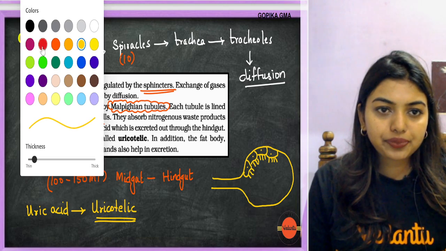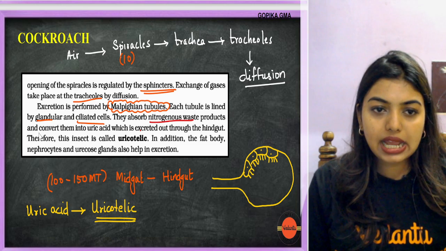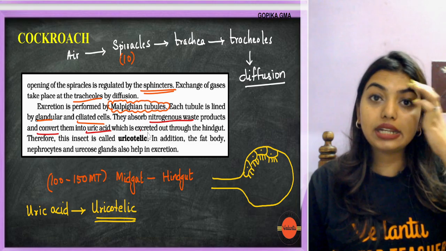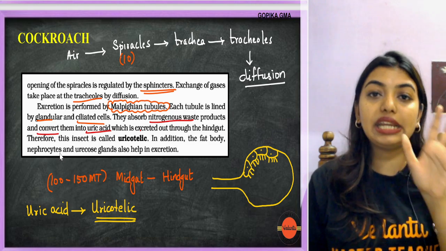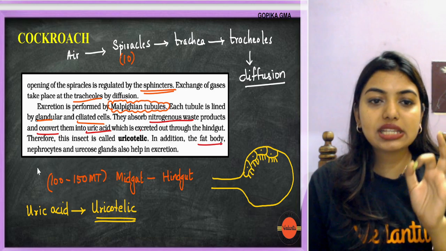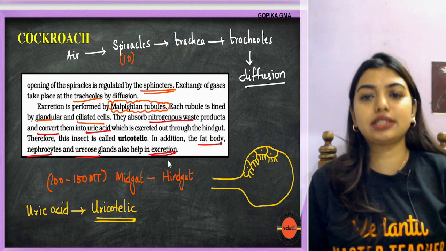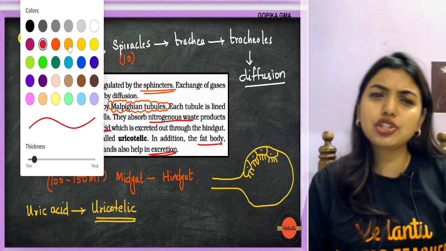Got it? Now here, very important. They absorb nitrogenous waste products and convert them into uric acid, which is excreted out through the hindgut. We have already spoken about it. Therefore the insect is uricotelic. In addition, the fat bodies, nephrocytes and uricose gland are also helping in excretion. Okay, students, some accessory organs are there. Can only Malpighian tubules do everything?